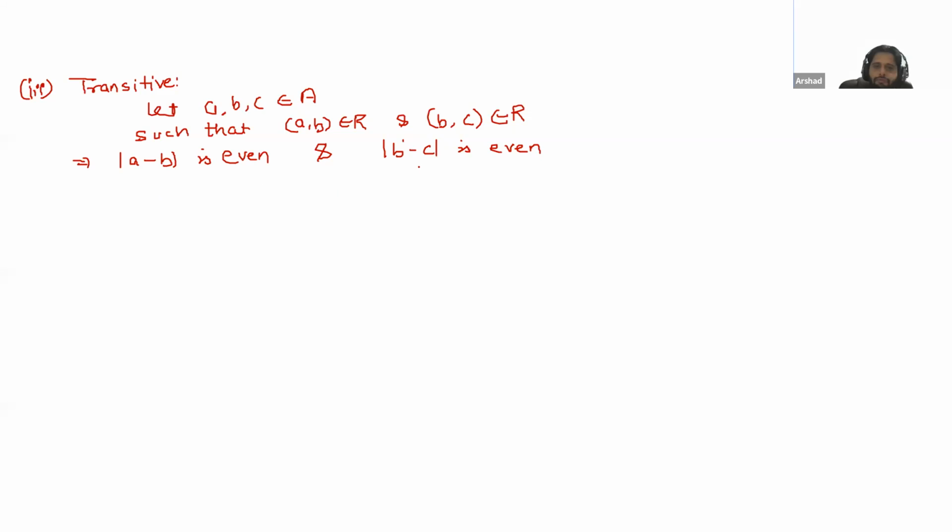So these two are fixed. Now, when A minus B is even, in the bracket we will write either A and B are even or odd.